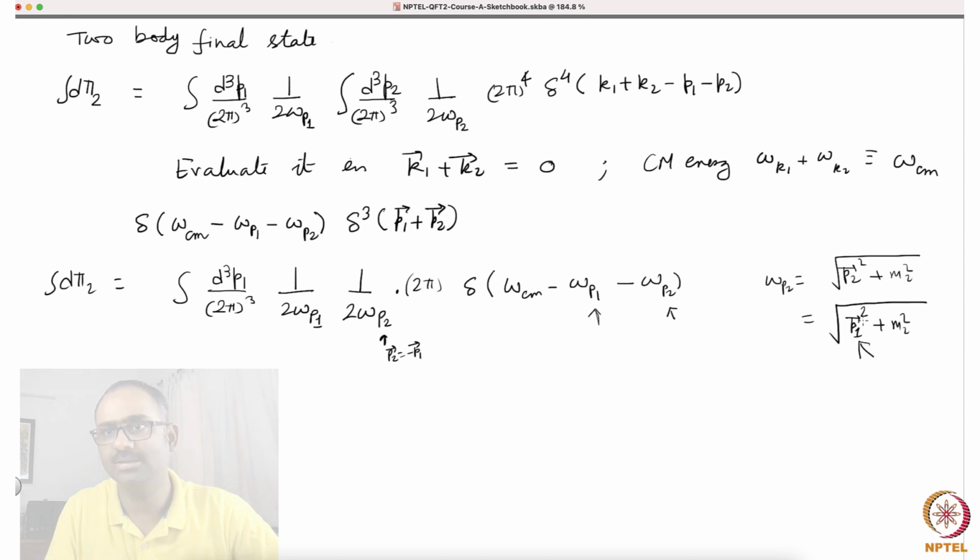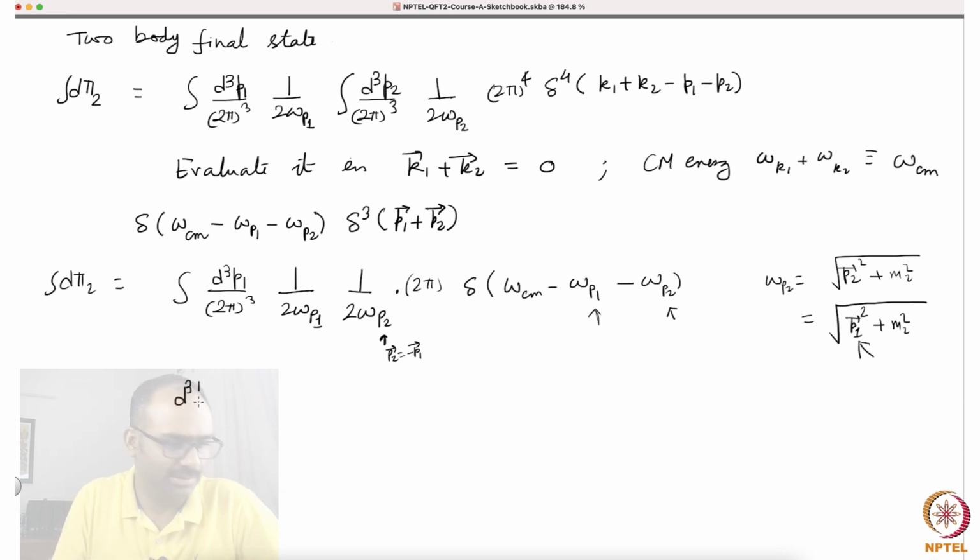It appears here, again you have p1 square appearing in these two places also. So I can do this integral if I separate this into angular and radial parts, and then I can use this delta function, which is only one, and do the integral. So that's what I'm going to do now.